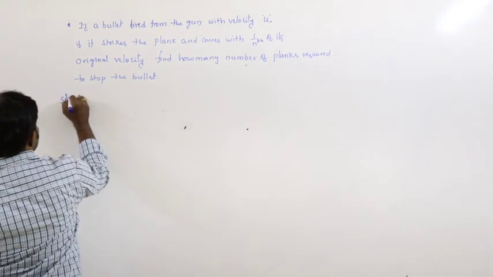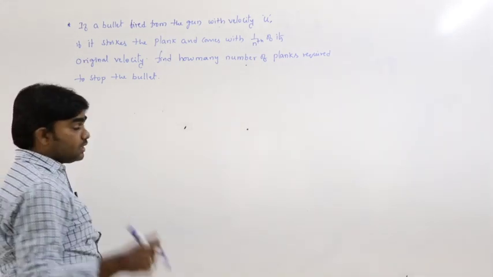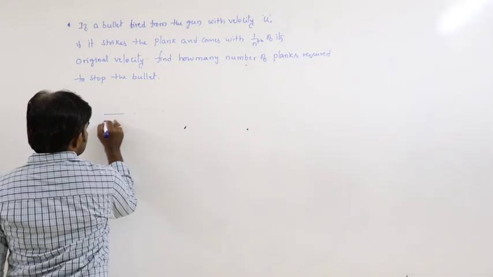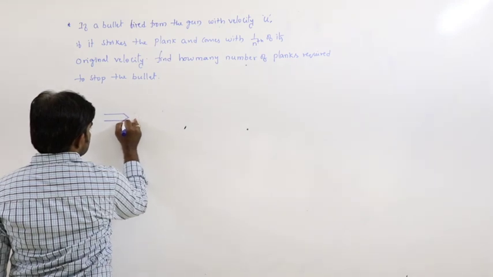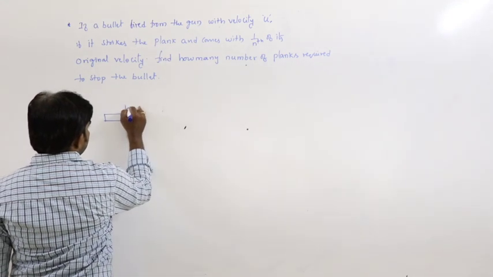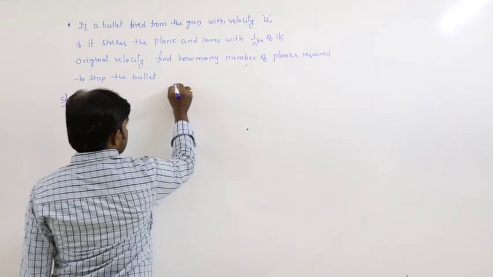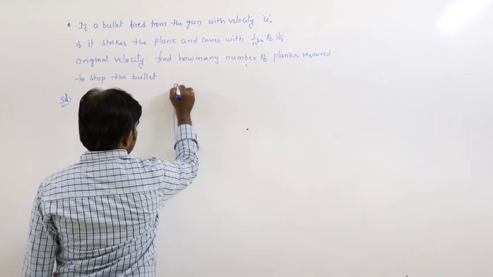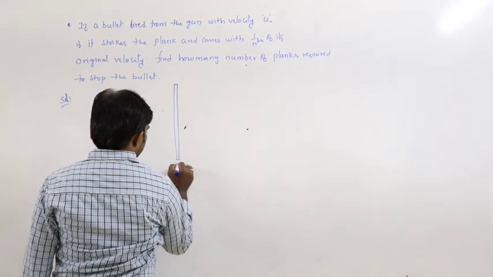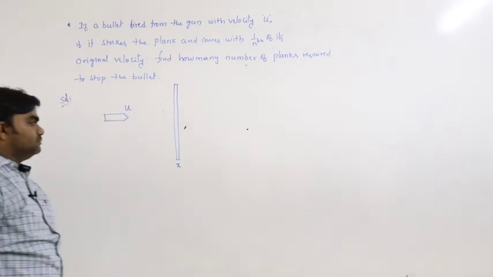See here the solution. Listen carefully. Let us consider a bullet traveling with velocity u. Let us say it is the plank having a certain thickness x.